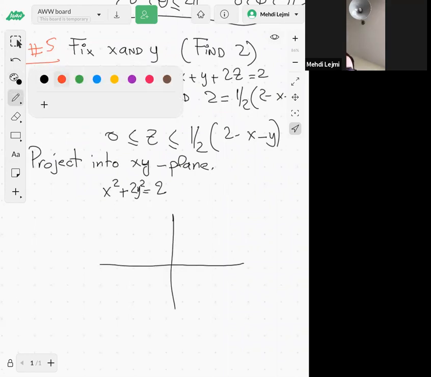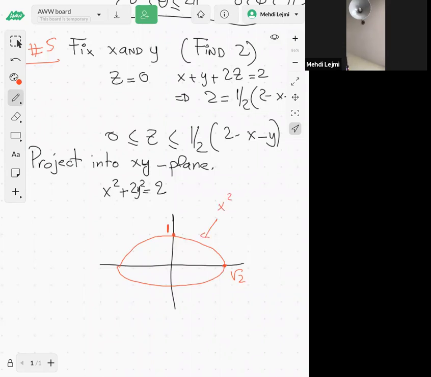It's not exactly the equation of a circle, so you're going to have an ellipse here. For example, if y is 0, x would be square root of 2. If x is 0, y would be plus or minus 1. Anyway, this is x squared plus 2y squared equals 2.